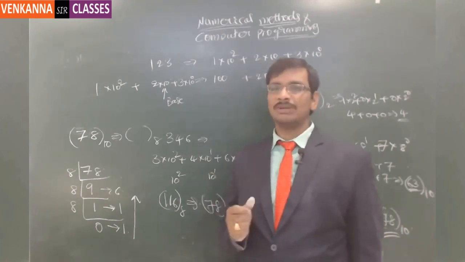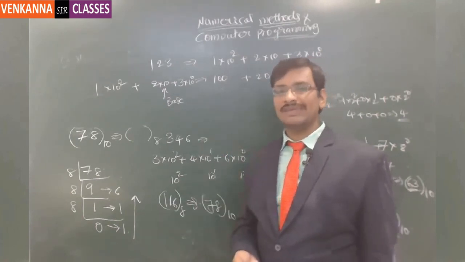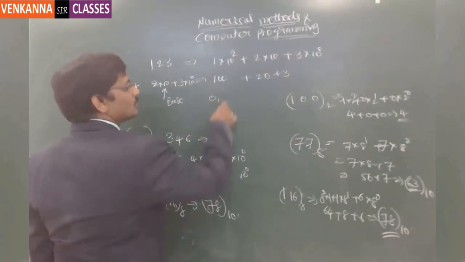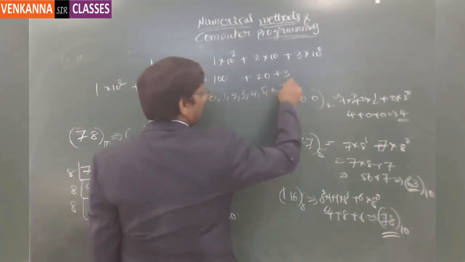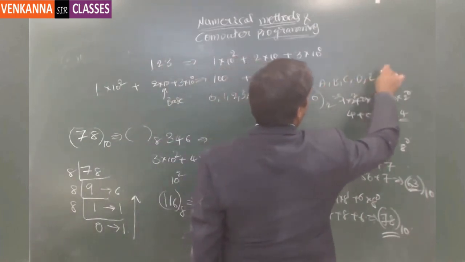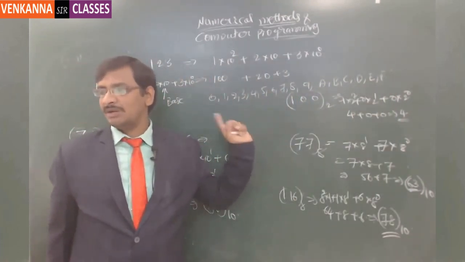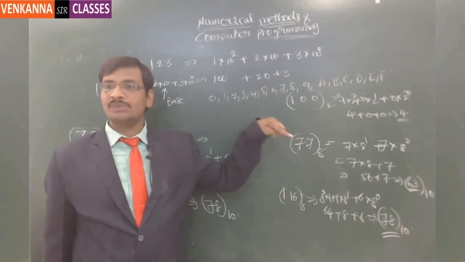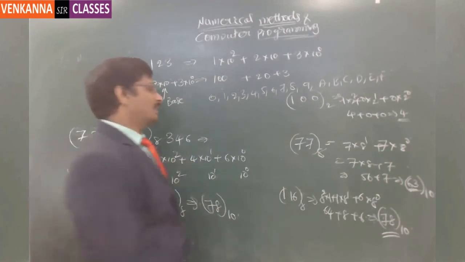So you need to identify 6 more symbols, and for those 6 symbols we make use of A, B, C, D. So in the hexadecimal number system the symbols we are going to use are 0, 1, 2, 3, 4, 5, 6, 7, 8, 9, A, B, C, D, E and F. These are the symbols you make use of to write a hexadecimal number, because we know the decimal number system has only 10 symbols, but you need 16 symbols to write in the hexadecimal number system. Got it?